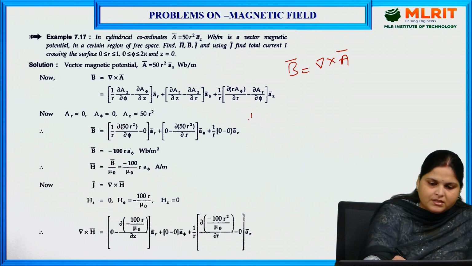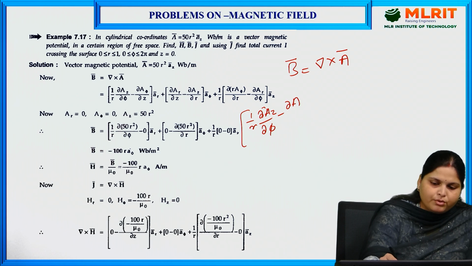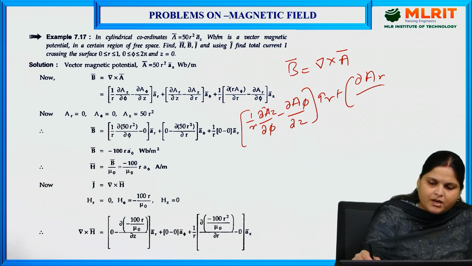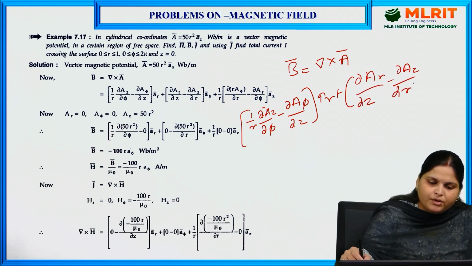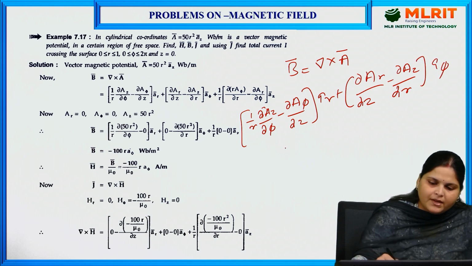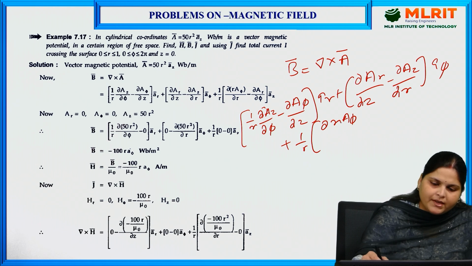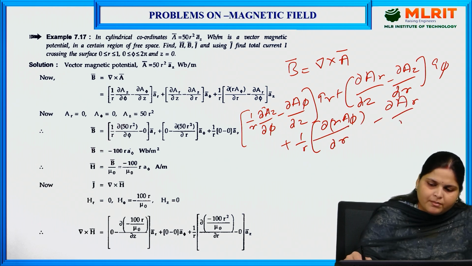So this is 1 upon r (dou az by dou phi minus dou a phi by dou z) ar plus (dou ar by dou z minus dou az by dou r) a phi plus 1 upon r (dou r a phi by dou r minus dou ar by dou phi) az.